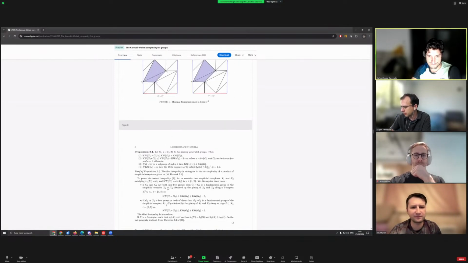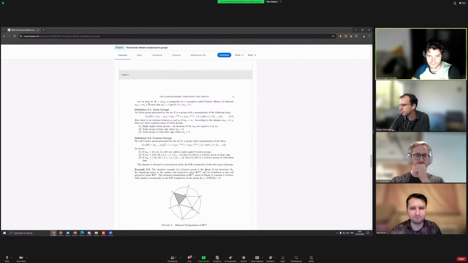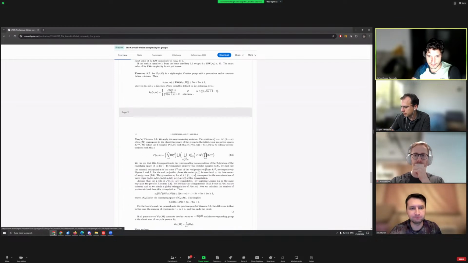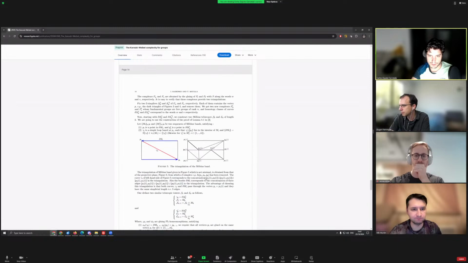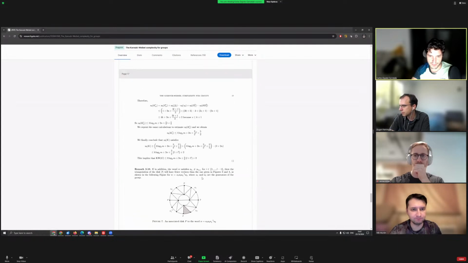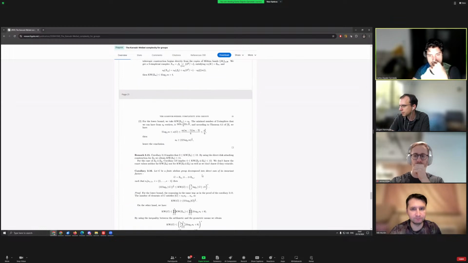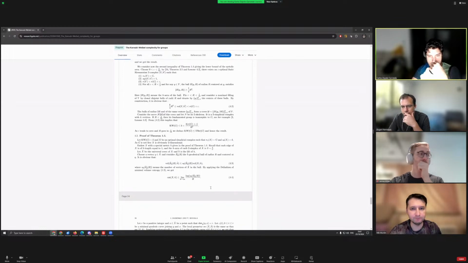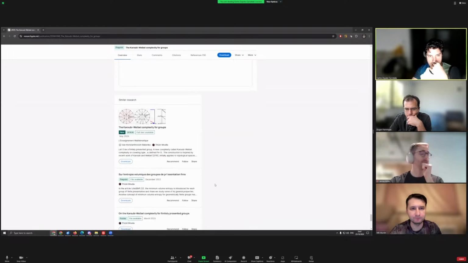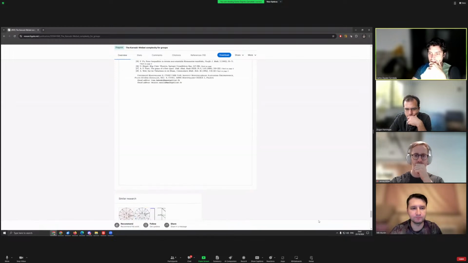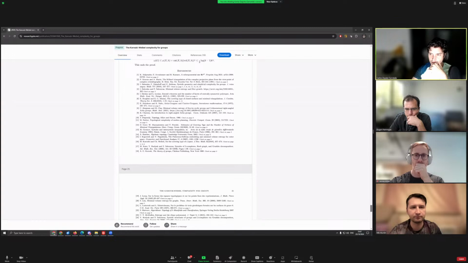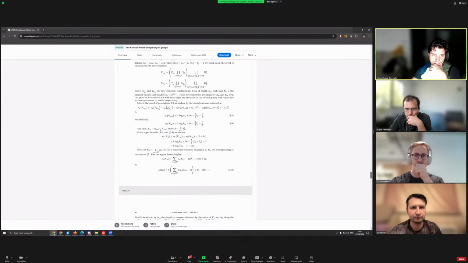Let's see. Triangulation of a Mobius band. Yeah. At some point it might be good to.